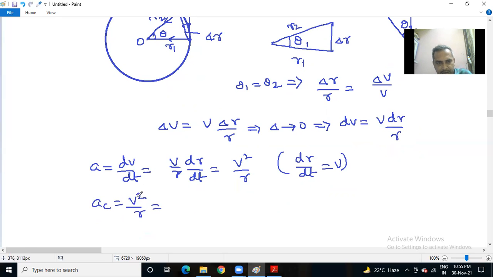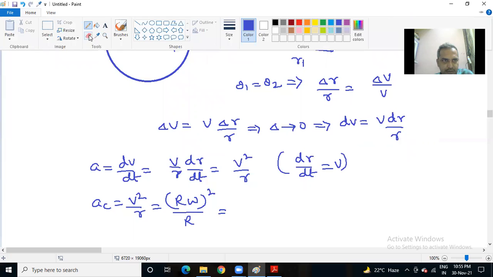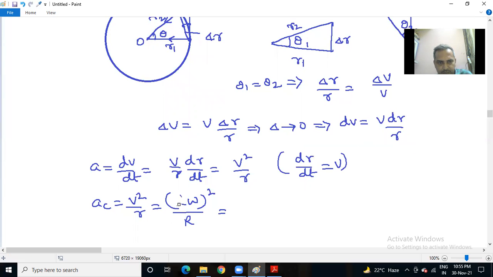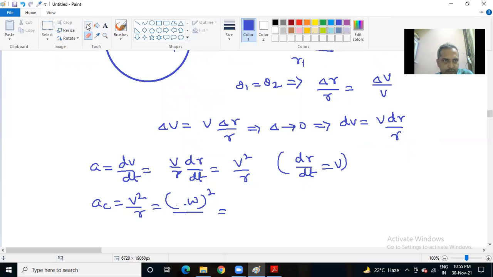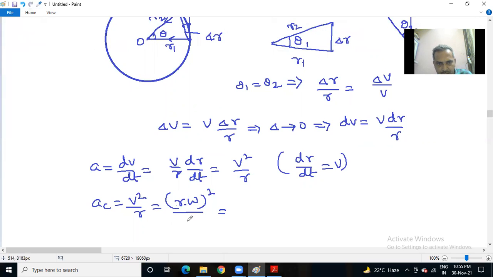Even this can also be written as, once you get back the relation between velocity and angular velocity, it is r omega.